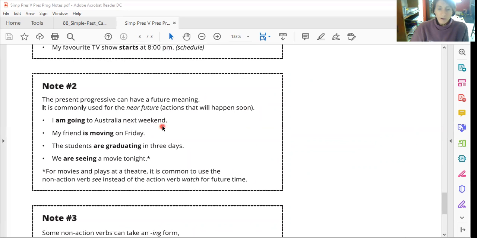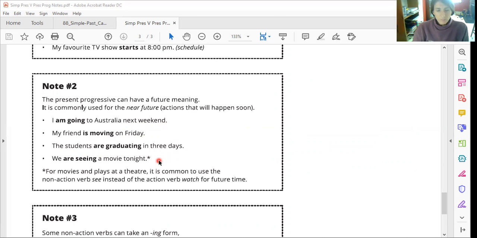It's that time marker that talks about the future that tells us that this is not happening now, but happening soon. My friend is moving on Friday. There's our time marker. The students are graduating in 3 days. Okay, so that means 3 days from now.